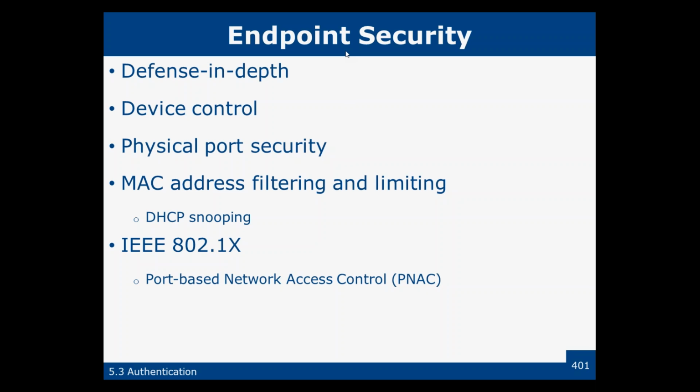So what we want to do, physical port security here is going to be on the switch. Physical port security. If something is not supposed to be plugged into the port, take the wire out. Disable the port. Do a shutdown on the port. We can configure the ports on a switch so that it only accepts traffic from a specified MAC address, the system that's supposed to be connected to that port.